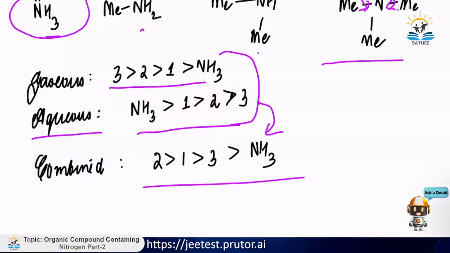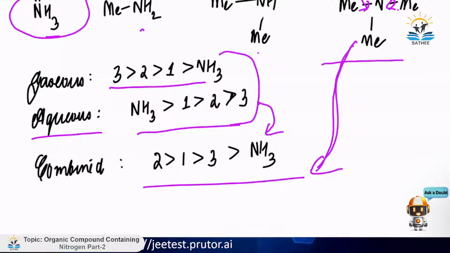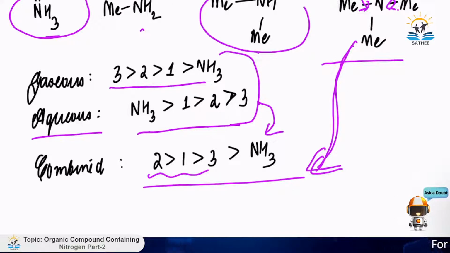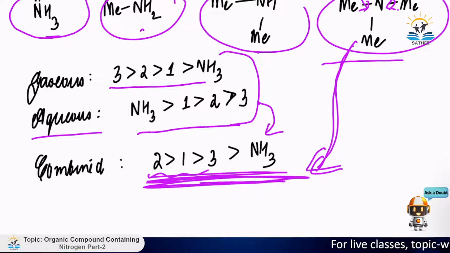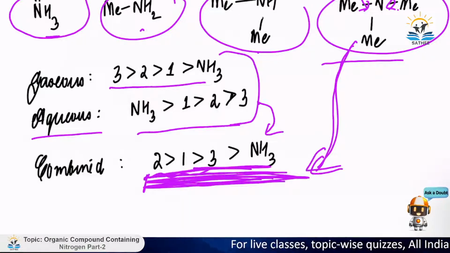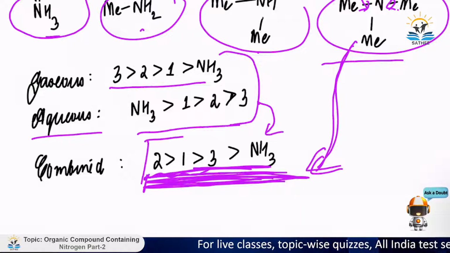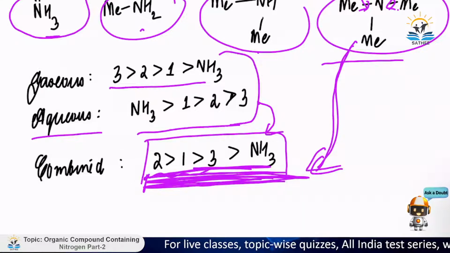If this ever comes in exam, we are supposed to know that 2 degree amine is greater than primary, greater than 3 degree, greater than ammonia. So this we need to remember. Some orders we determine on our own, and some orders are already determined, so we need to know them.